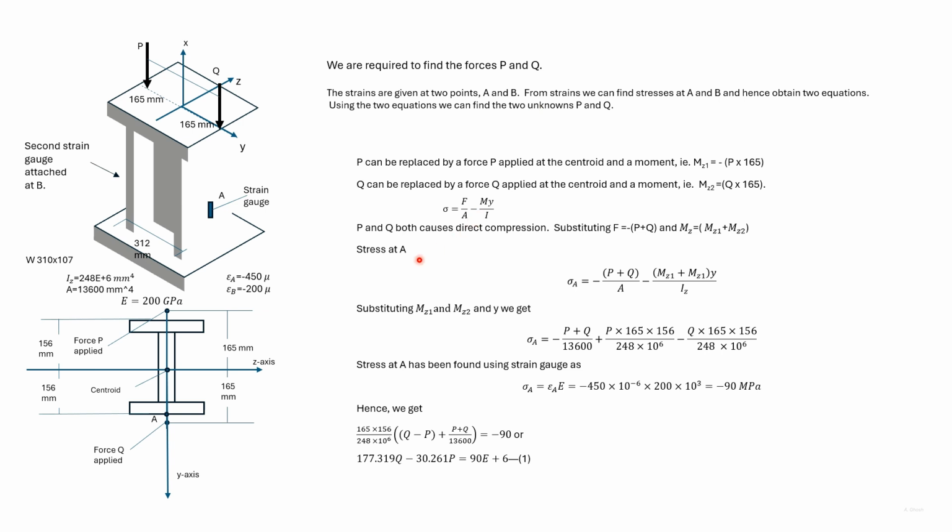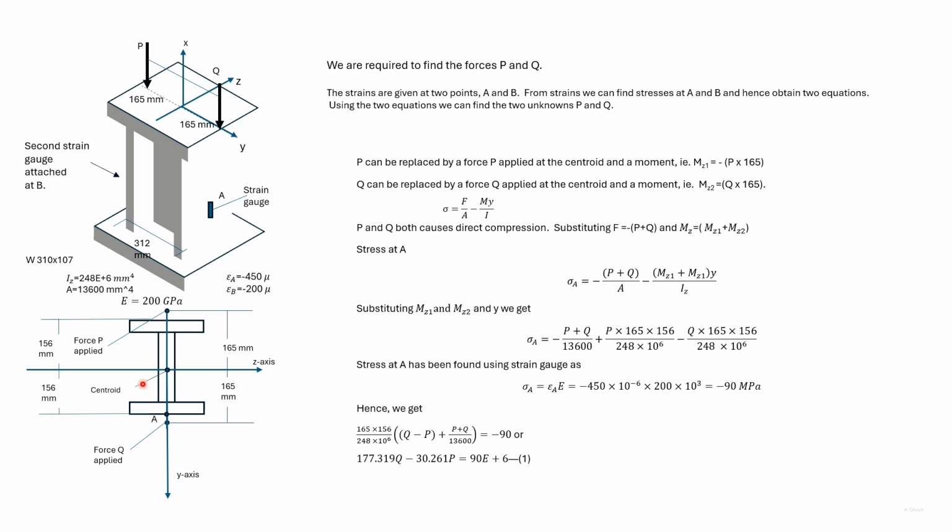We obtain the stress at A. So sigma A is obtained by putting in the values of F and M and also y. So putting all the values, we get sigma A by this expression.